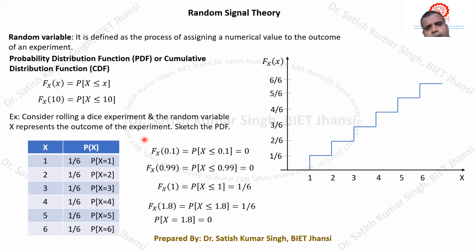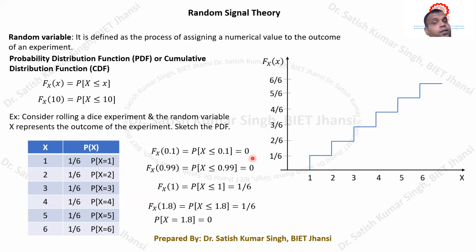So if we want to write this probability, what is the probability that the random variable x will be less than or equal to 0.1? Obviously the answer is 0, because when rolling a dice we are not going to get a face like 0.1, as there is no 0.1 written on any of the faces.